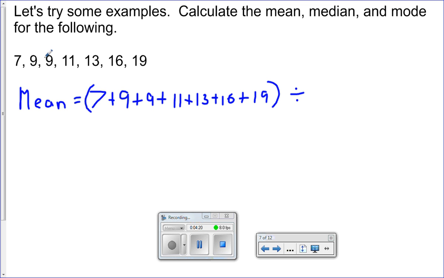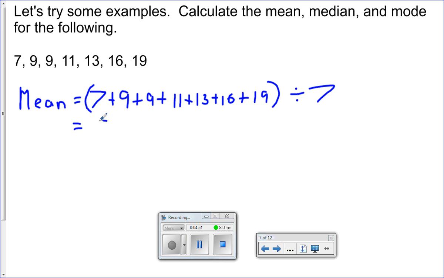And there are 1, 2, 3, 4, 5, 6, 7 numbers in my list. Okay, so 7 plus 9 is 16. 16 plus 9 is 25. Plus 7 is 36. 49. 65.